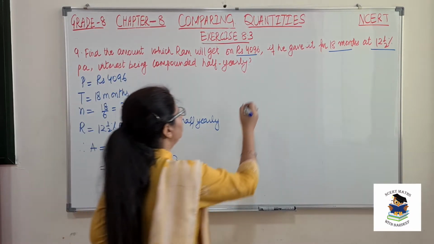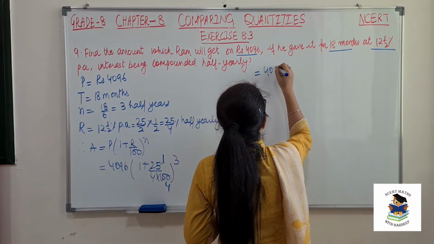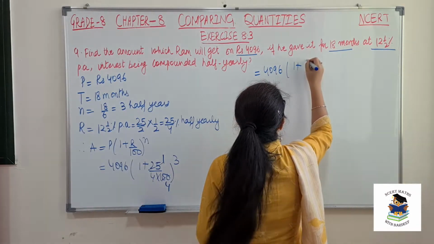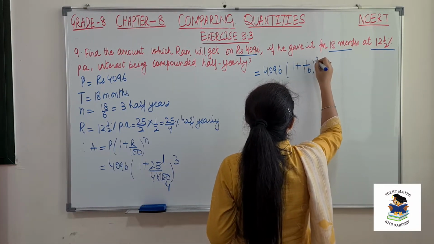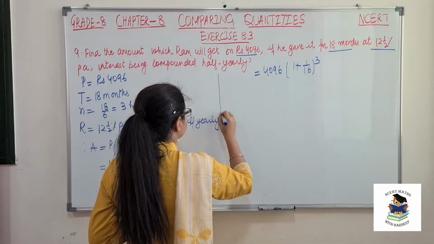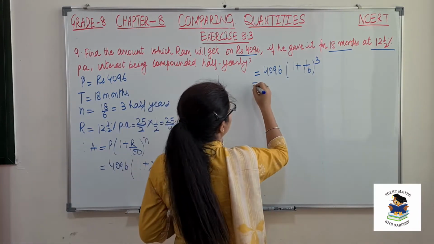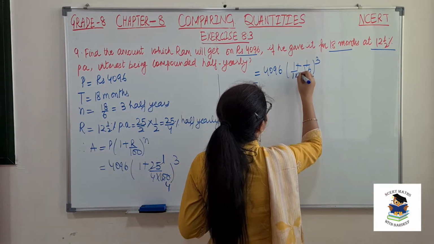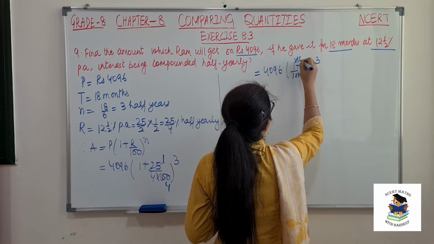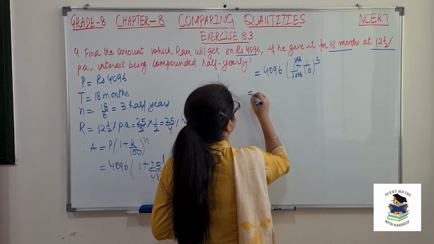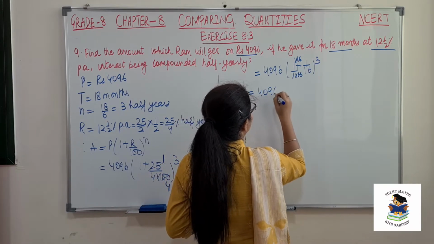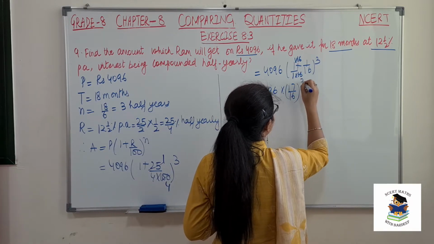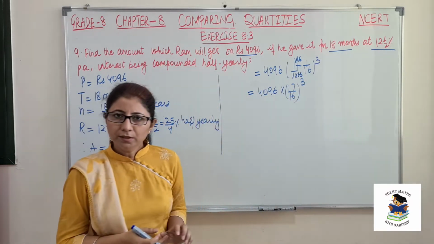So we are left with 4096 into 1 plus 1 by 16 raised to power 3. Let's take the LCM, since this is 16 multiplied by 1 plus 16. So here it should be 4096 multiplied by 17 by 16 raised to power 3.